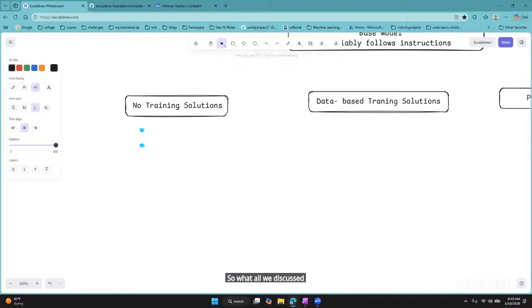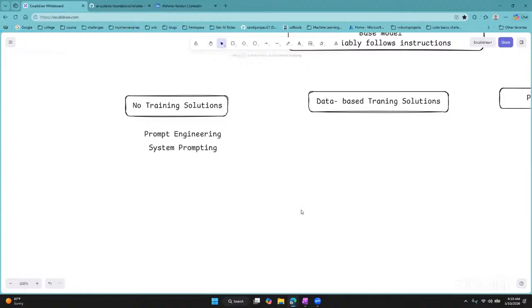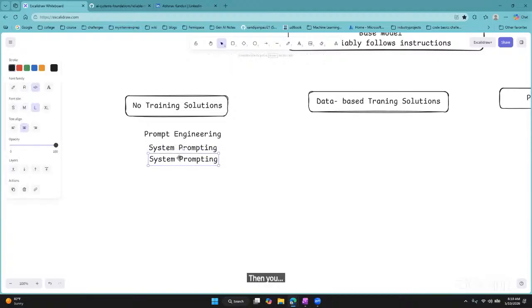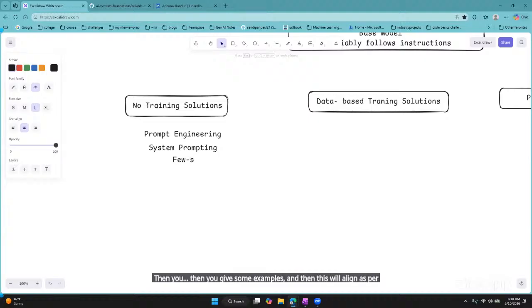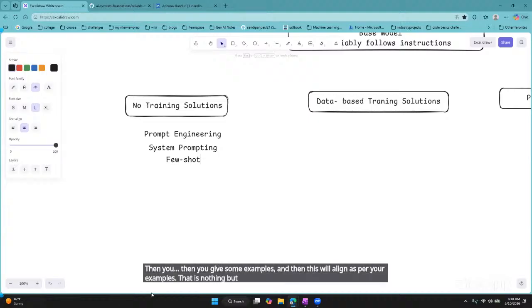One is prompt engineering. Then you have something called system prompting. Then you give some few examples, and this will align as per your examples, that is nothing but few shot.